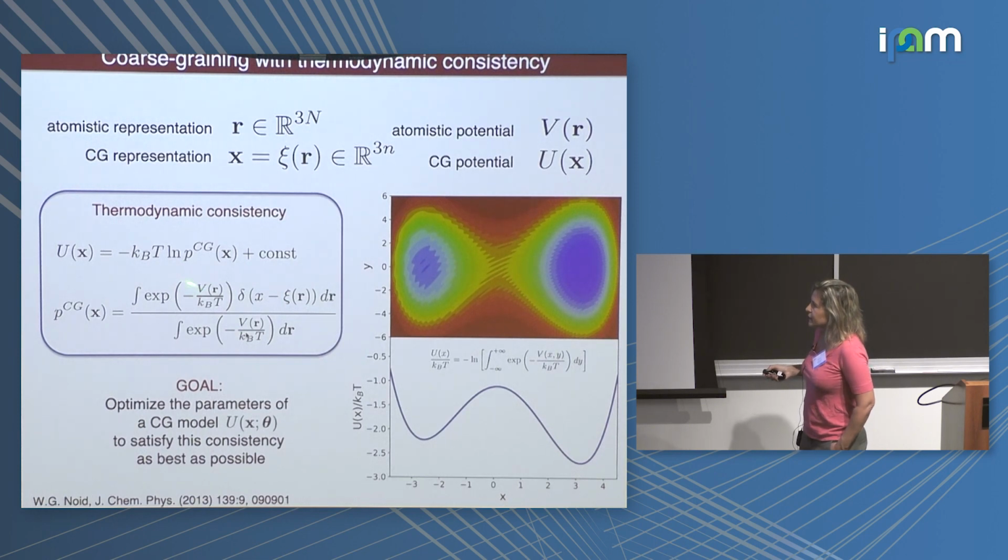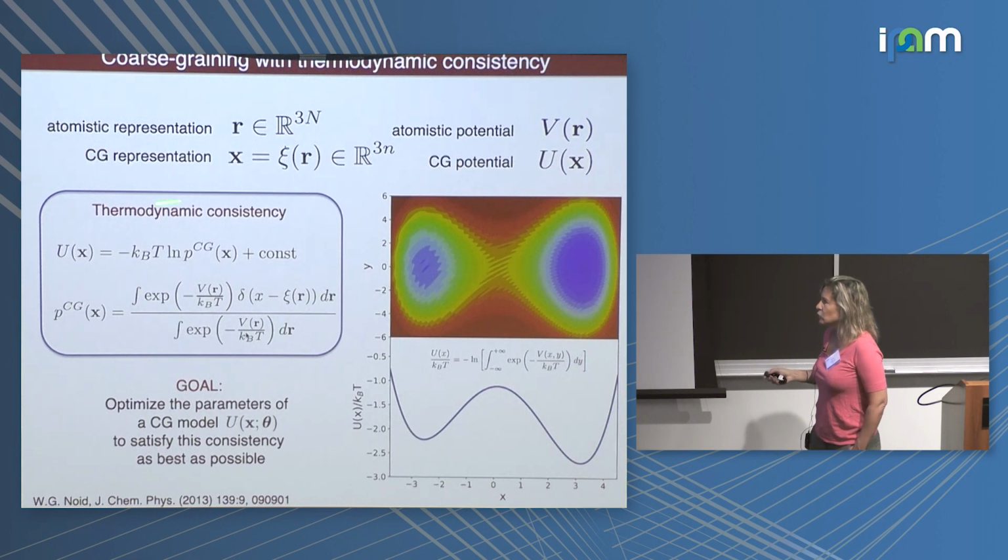This is the atomistic potential, V of R. This is the definition of probability in terms of the coarse-grained coordinate: the probability of observing the coarse-grained coordinate in configuration X, given by the atomistic representation. And we want this probability to be consistent with the effective energy function for the coarse-grained coordinate. So in a sense this fixes the coarse-grained energy function.